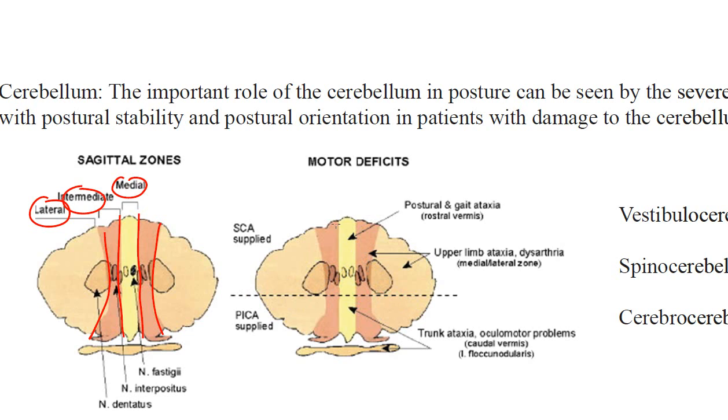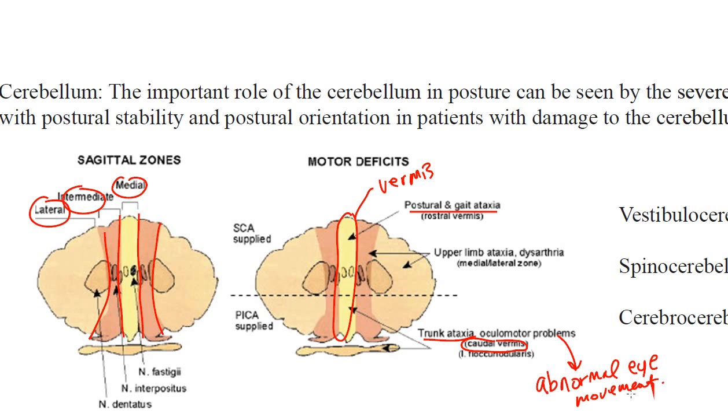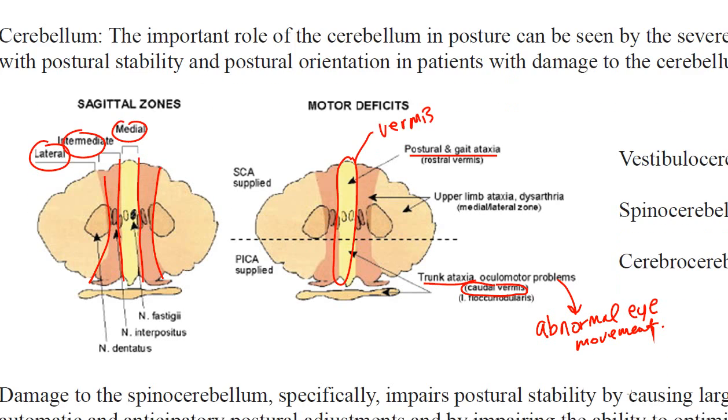So for example, if the patients have a stroke in the medial part, also known as vermis, the main deficit would be postural or gait problems, or unstable trunk for postural control. And if it's the caudal area of the vermis, it will also cause oculomotor problems, or abnormal eye movement, called nystagmus.